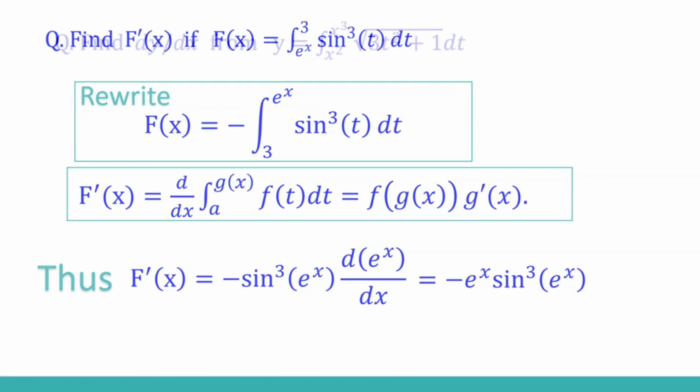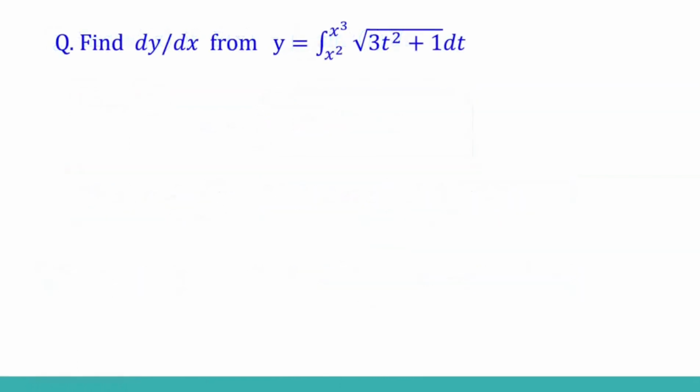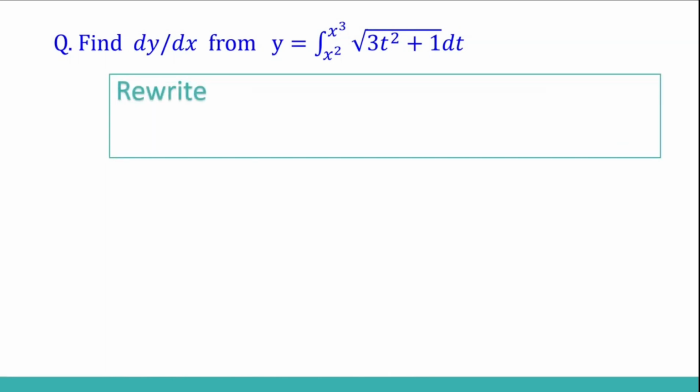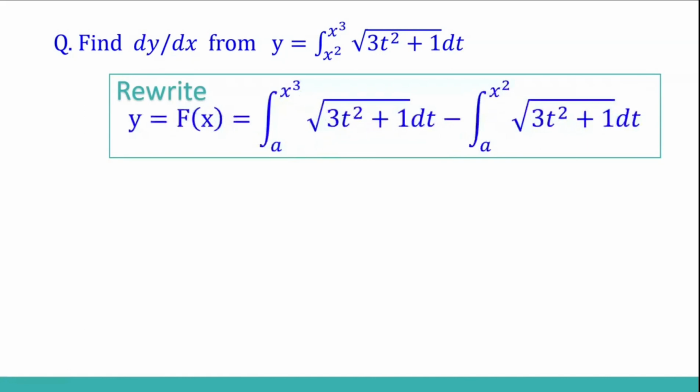And the last one is: if you do not have a constant on the upper limit or lower limit, then how can we solve it? By using the formula of definite integration, we can rewrite the function y as the integral from a to x^3 of the square root of 3t squared plus 1 dt, minus the integral from a to x squared of the square root of 3t squared plus 1 dt.